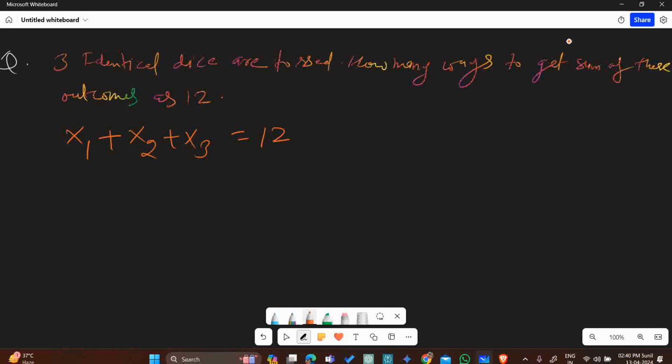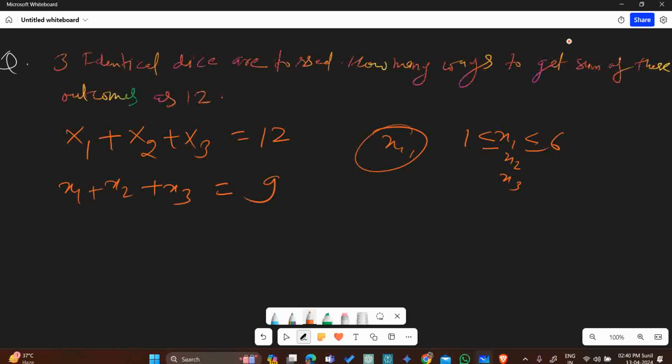So what we are doing here, x1 is from 1 to 6, x1 or x2 or x3. So we have to eliminate the lower constraint. How can we eliminate the lower constraint? It is x1 plus x2 plus x3 equals 12 minus 3, which is 9. Right?